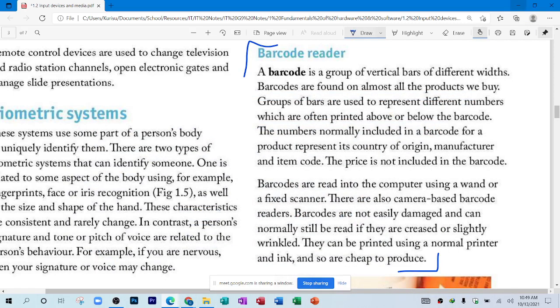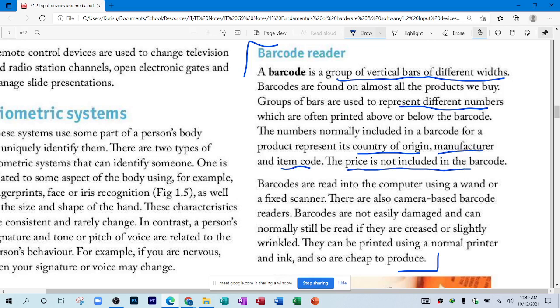A barcode reader is a group of vertical bars on different widths. Barcode barcode barcodes are found on almost all products you buy. Group of bars are used to represent different numbers which are often printed above or below the barcode. The numbers normally included in a barcode for a product represent its country of origin, manufacturer, and item code. The price is not included in the barcode.